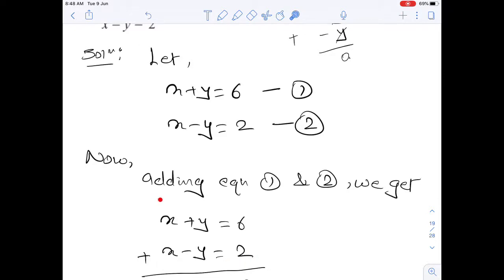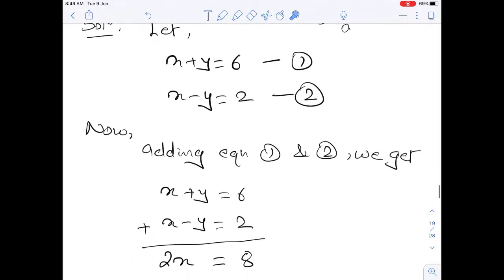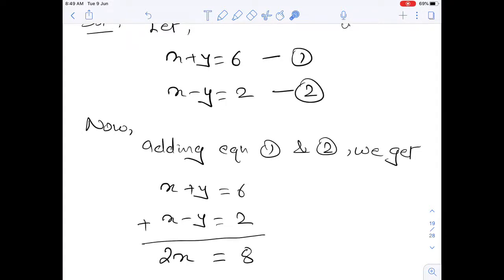Since we are adding the equations, we write a plus sign before the second. Now 1x plus 1x will become 2x, plus y minus y gets cancelled, so 0 remains there, and 6 plus 2 is 8.